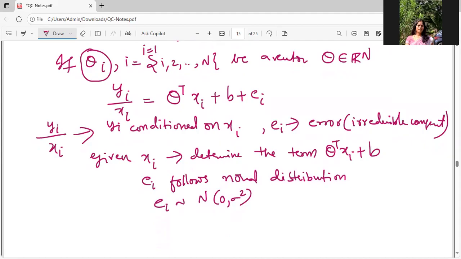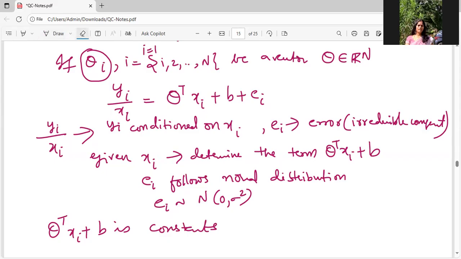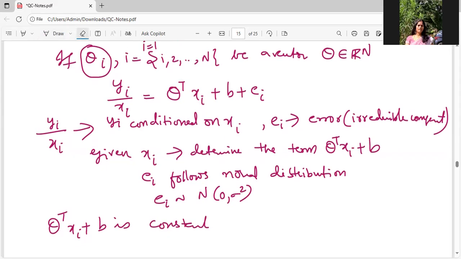Now theta transpose xi plus b is a constant given the value of the feature xi. Suppose I know the value of the feature xi, then it turns out to be a constant value, right?